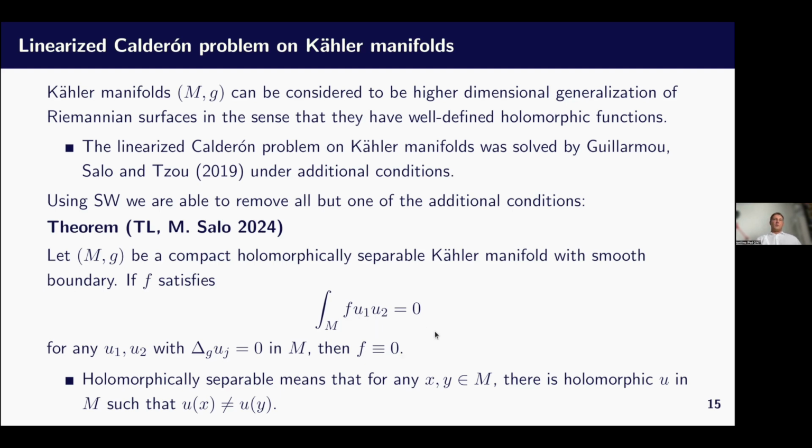So Kähler manifolds were high-dimensional generalizations of Riemann surfaces, but what is this holomorphically separable condition here? Holomorphically separable means that for any x and y in this manifold M, there's a holomorphic function u on M such that u takes different values at points x and y. And the proof is almost trivial now using the Stone-Weierstrass theorem, so it's pretty nice.